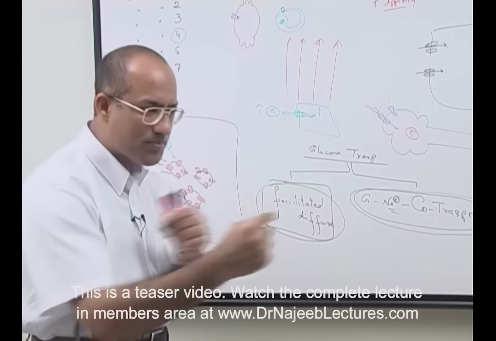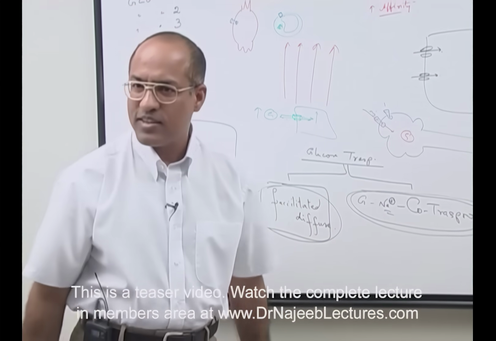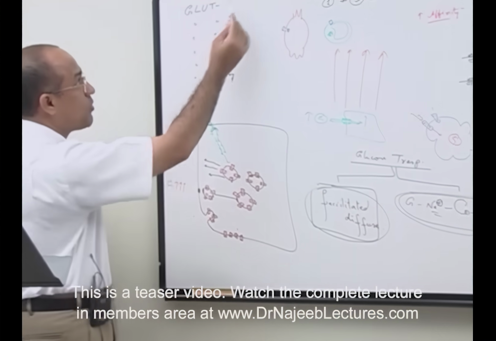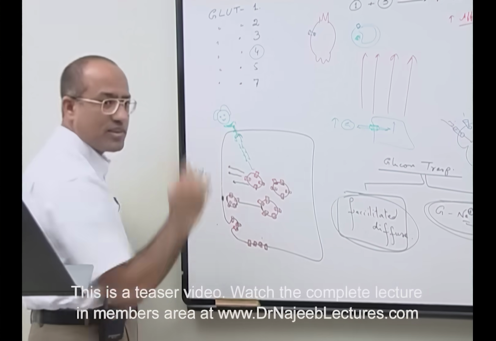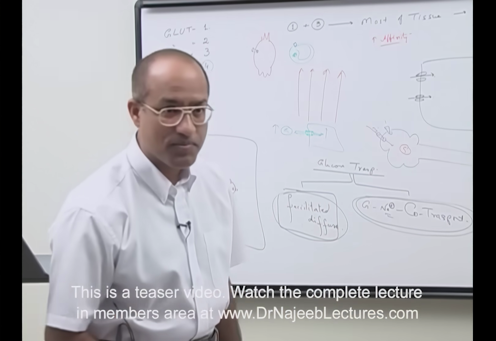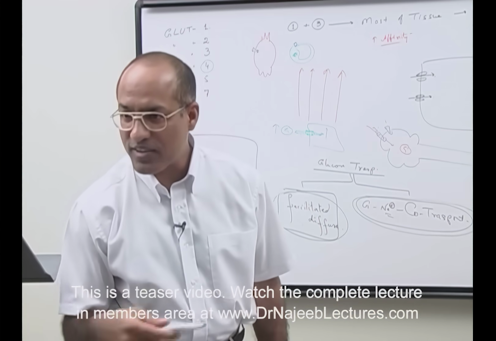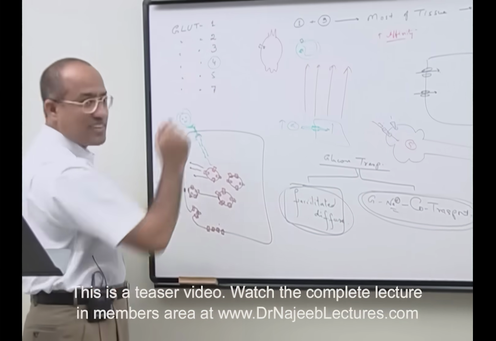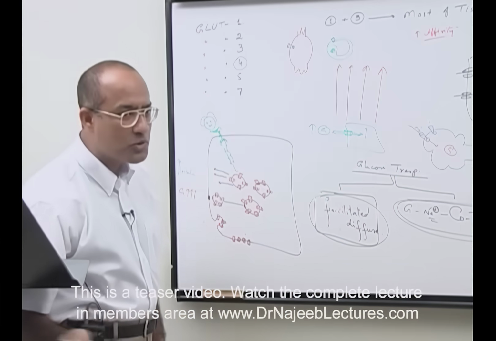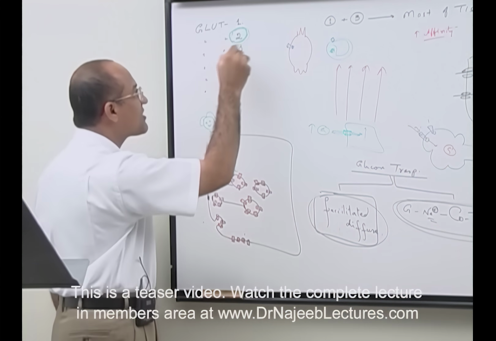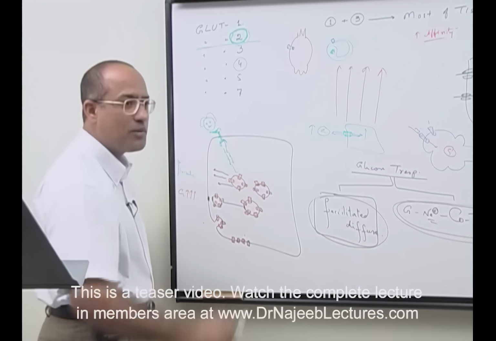This two-way transporter should be called transporter number 1, 2, 3, 4, 5 or 7? Use your brains. Out of these types, which are two-way transporters? Of course, 2. Two-way transporters are glucose transporters type 2.